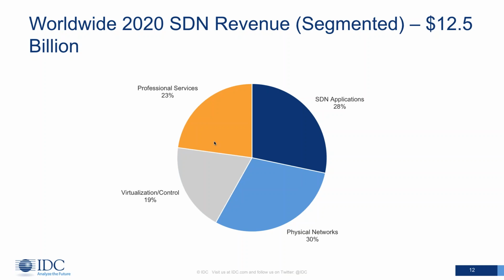So I think that's going to be a very key part of the market, at least initially. And over time, I think it's going to obviously decrease as a percentage of the market as SDN matures and people get more comfortable with the technologies and the processes and the operations and the operational challenges.